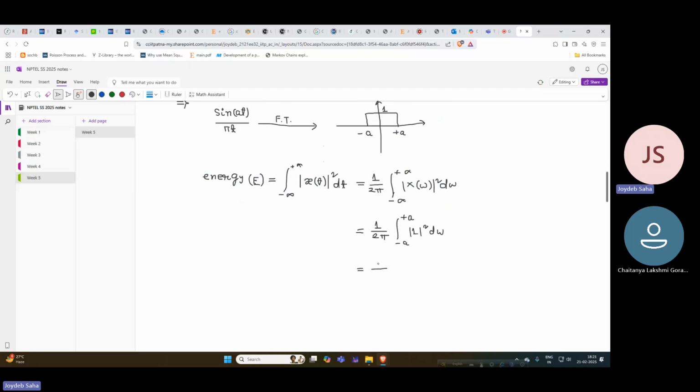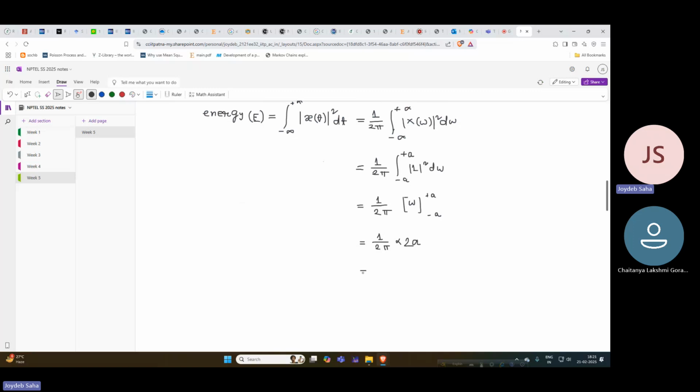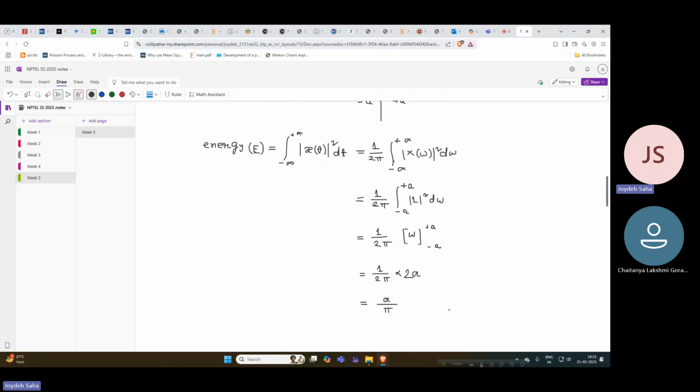This is 1 upon 2 pi times omega from minus a to plus a, is equal to 1 upon 2 pi multiplied with 2a, is equal to a upon pi. Fine. So this is the energy of the signal.